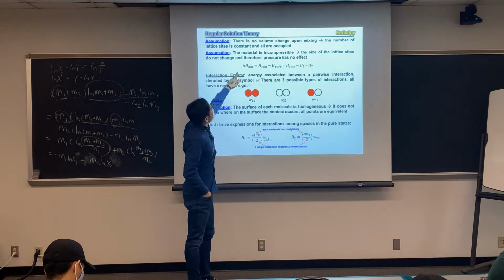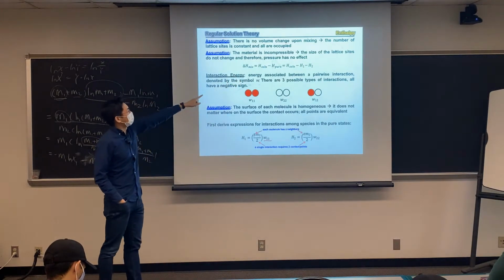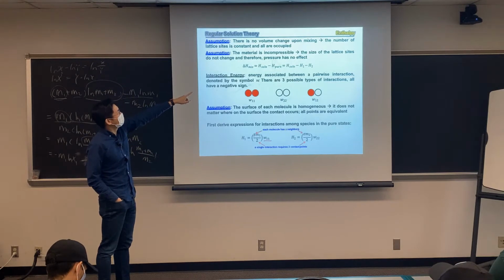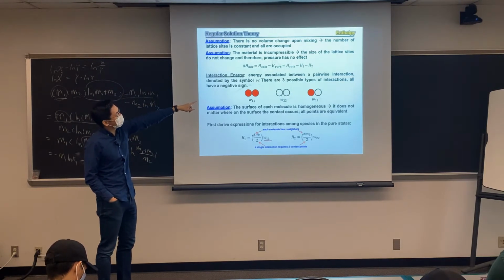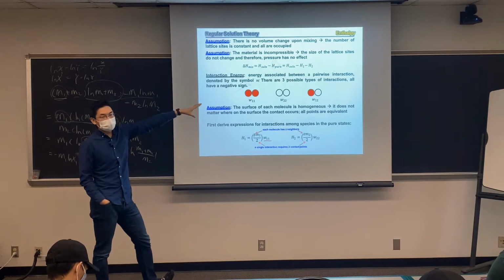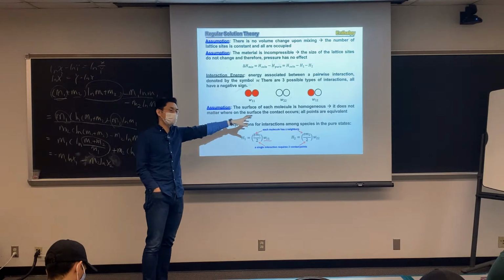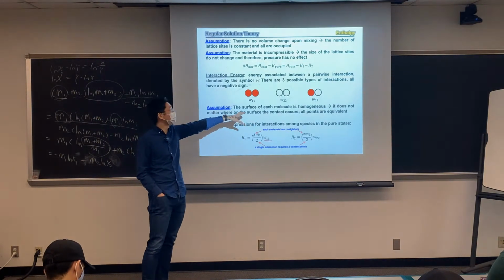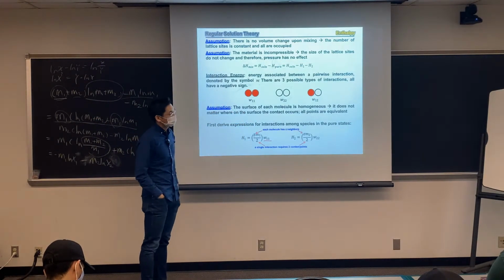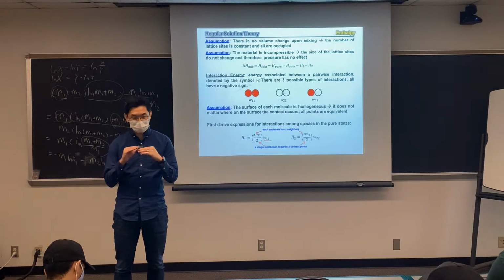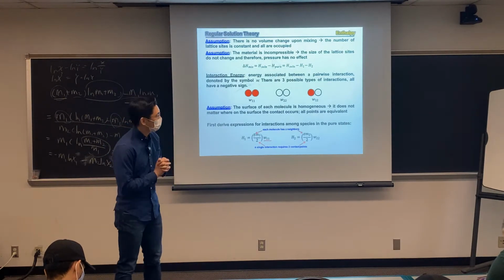The second one is that the material is incompressible, so the size of the lattice site does not change, therefore pressure has no effect. Why? Because the thermodynamics terms also have a pressure term. Pressure versus volume has a certain influence on your final result. But we certainly don't want to see their influence here. So we say pressure, we temporarily don't consider its impact.